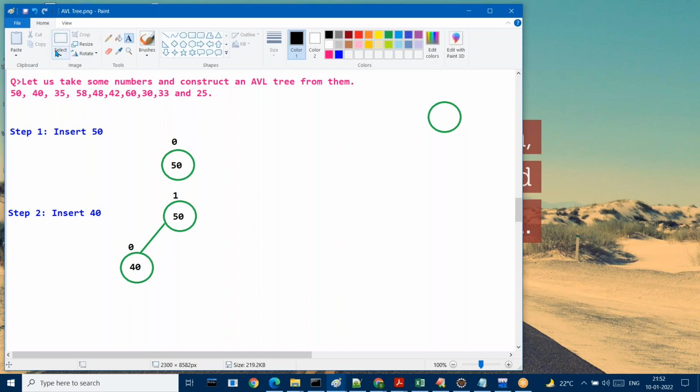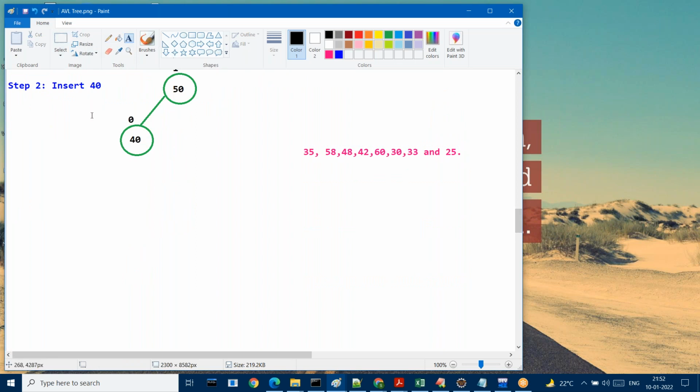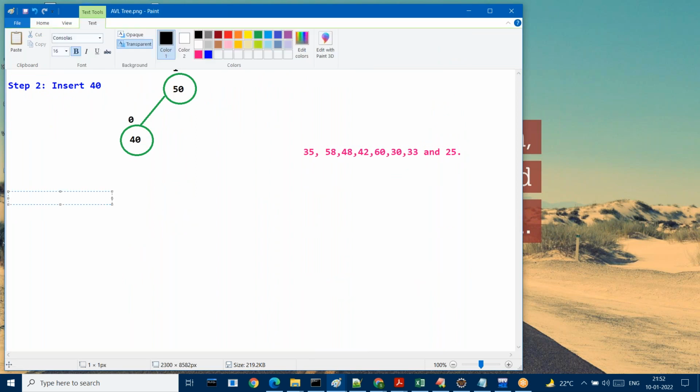I need this set of numbers. So let me take a copy of this. Basically, these fellows I require. Step number 3, sir. Insert 35.